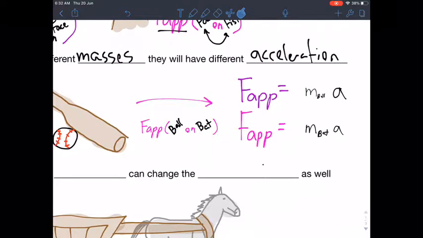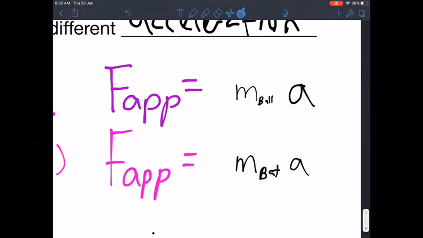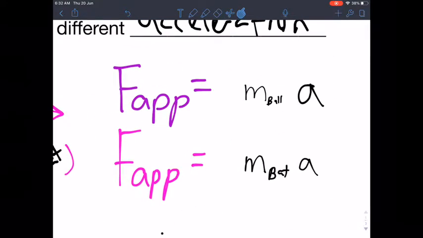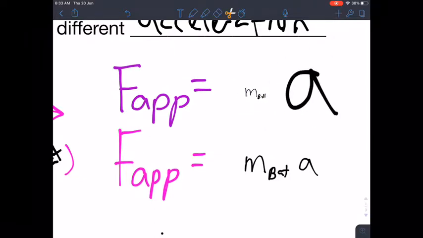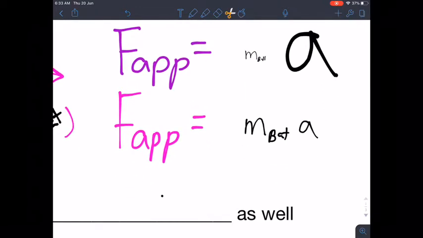And we can see why this is true by looking at Newton's second law. So Newton's second law, force equals mass times acceleration. So if the ball right here has a very small mass, then it's going to have a very large acceleration because these are inversely proportional, and the ball is going to go flying way down the field.